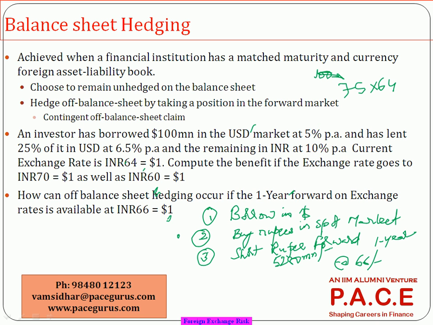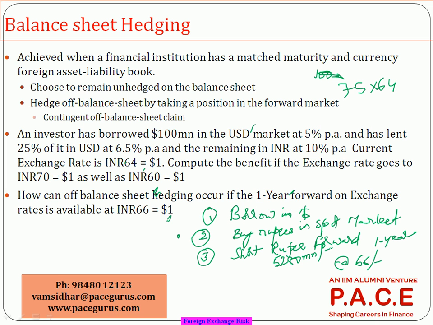Now, what I will do with those rupees, I am confident that I can lend it at 10%, assuming that part is a safe part. I am assured that I will get my 5,280. So my only limitation here is when I convert it into dollars. What if the dollar exchange rate goes to 70 after 1 year?